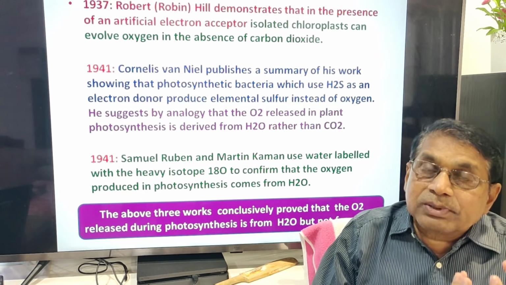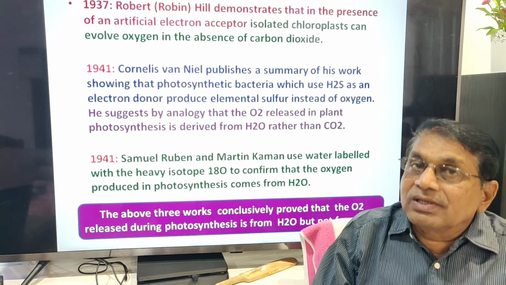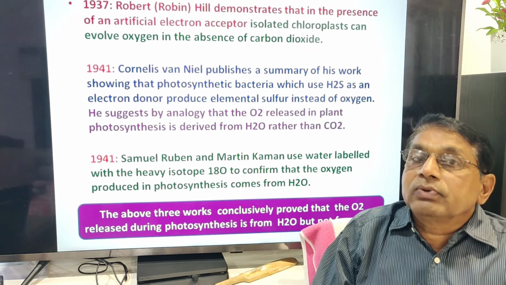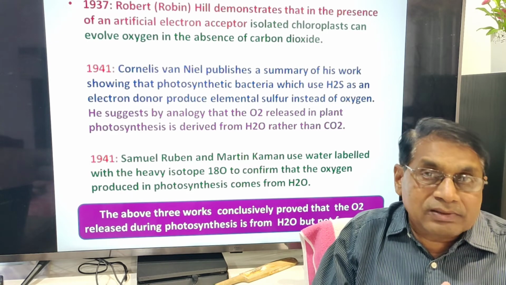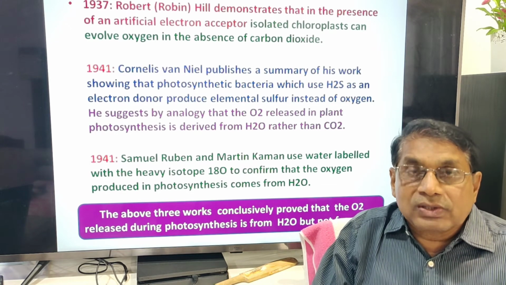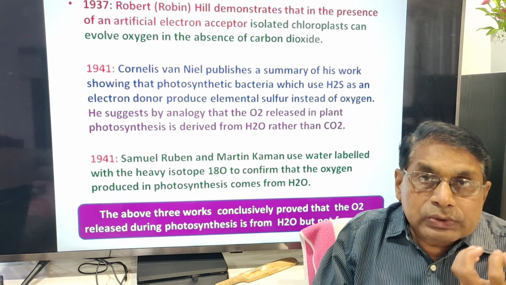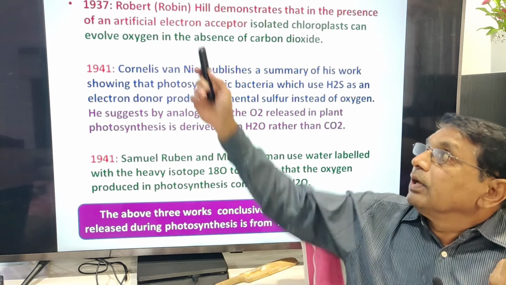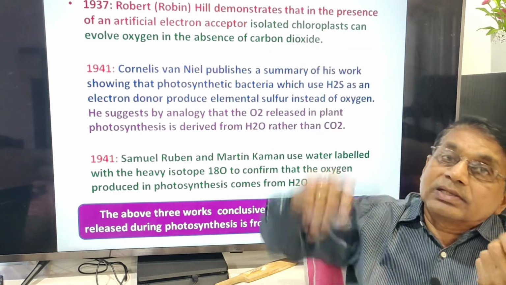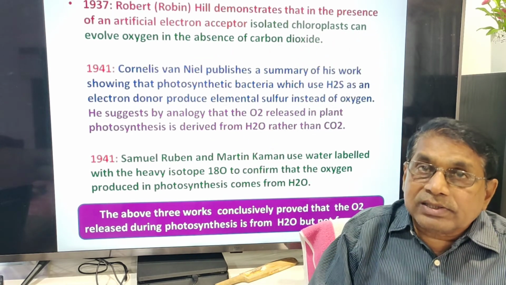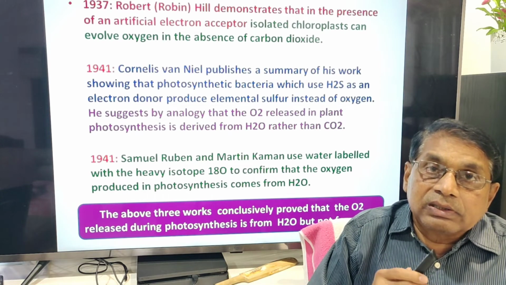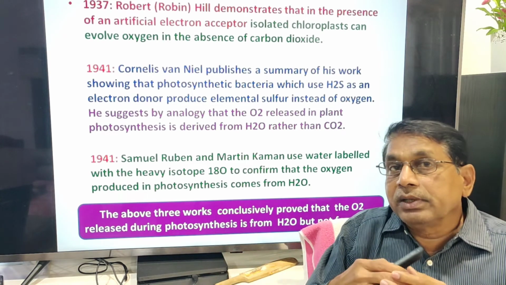Through his experiments, he was able to say that the oxygen released during photosynthesis comes from water that undergoes photolysis, and he showed this using suitable electron acceptors other than oxygen. What is an electron acceptor? Here we can see electron acceptors are NADP and NAD.